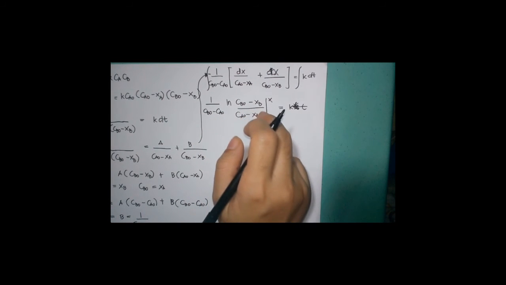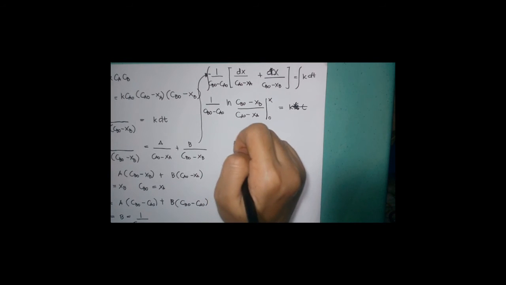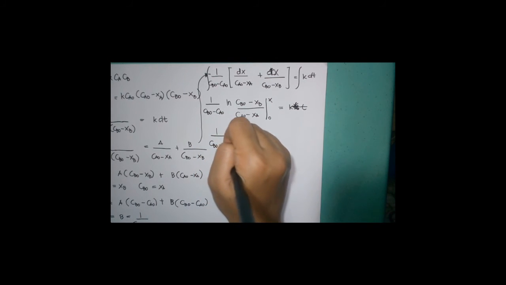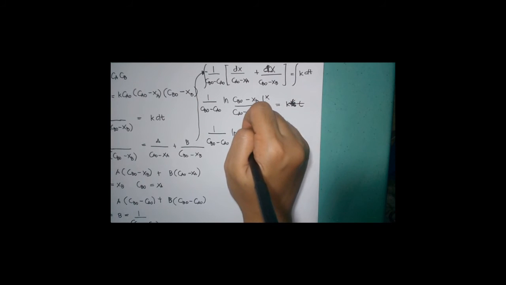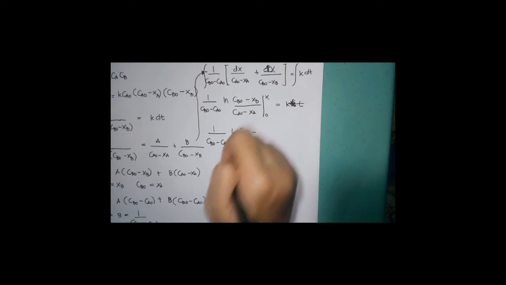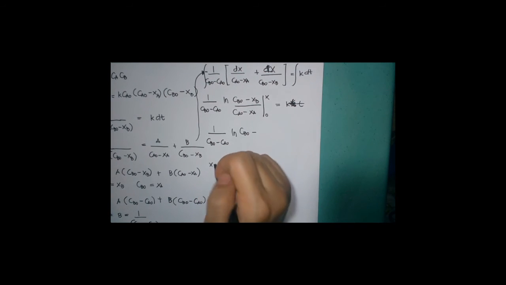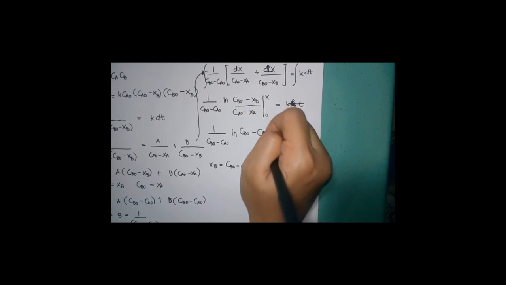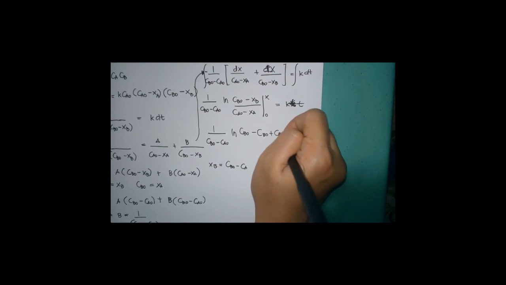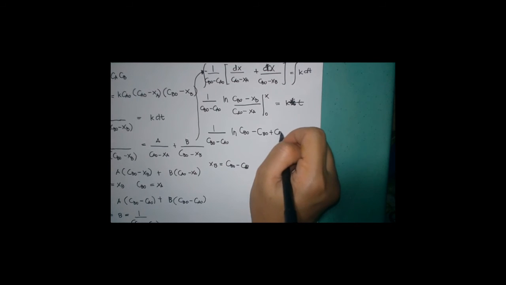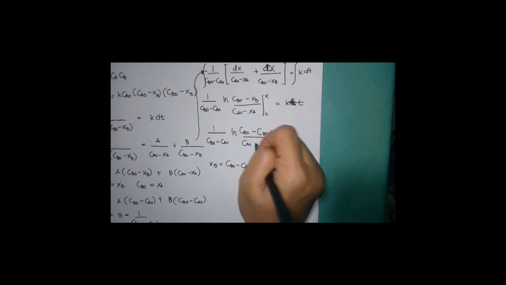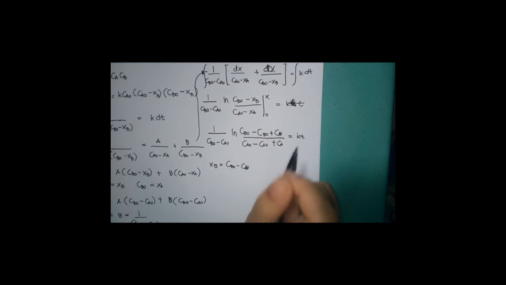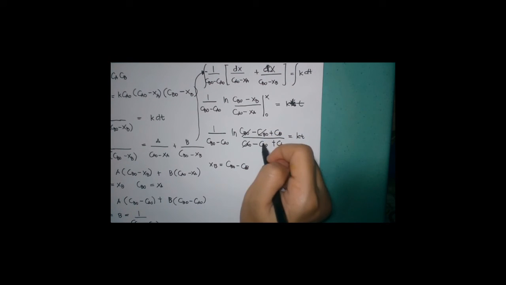So, simplifying XB and XA, we'll have 1 over (CBO minus CAO) ln of (CBO minus XB) over (CAO minus XA), which is CB over CA, since CBO minus CBO plus CB, and CAO minus CAO plus CA, equals KT. So this can be cancelled out, this also can be cancelled out.